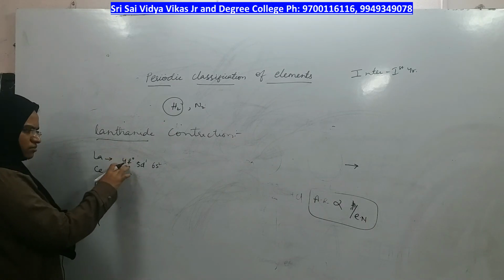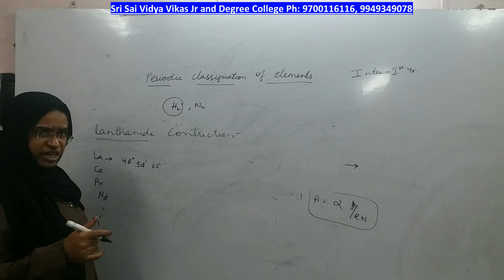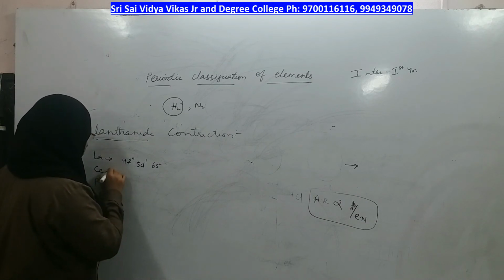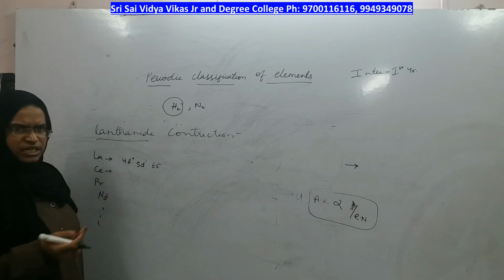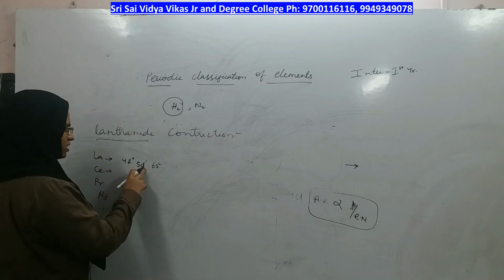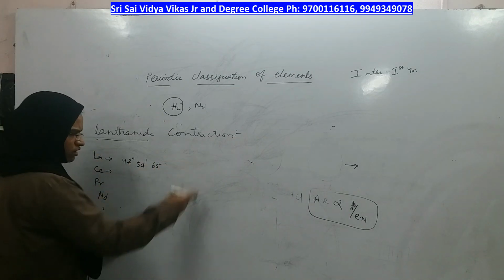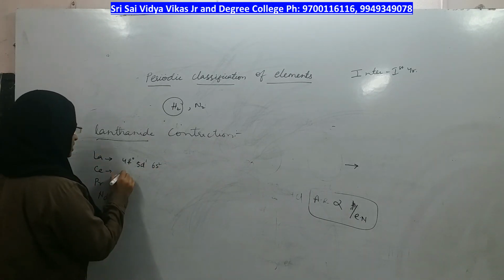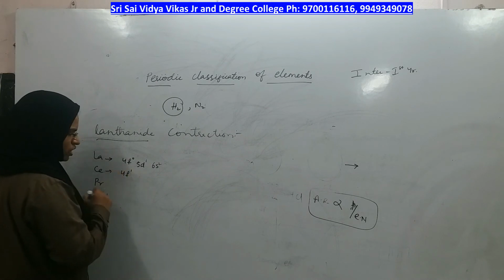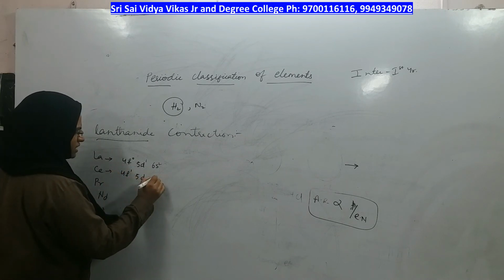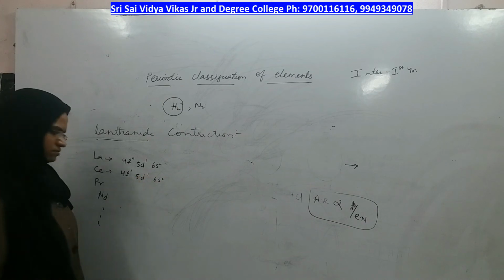Till lanthanum, f orbitals don't have any electron, but from cerium the differentiating electron, instead of going as d2, d3, d4, starts going into the f orbital, and d and s remain the same.